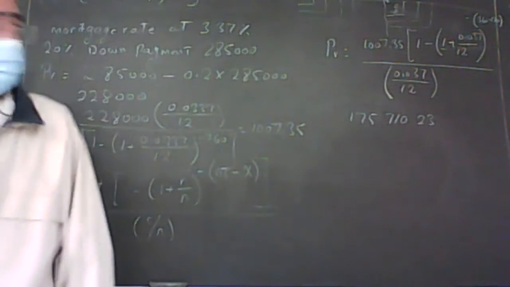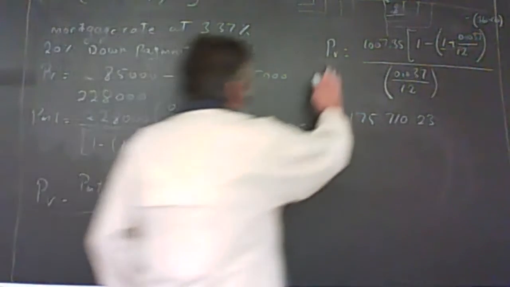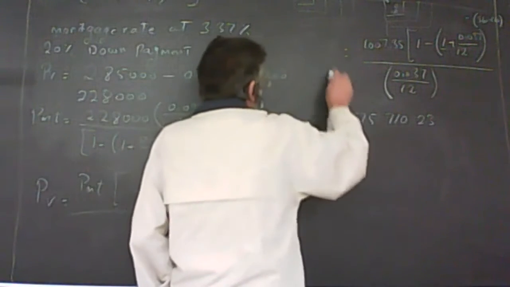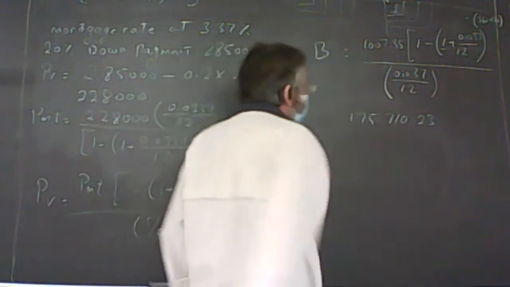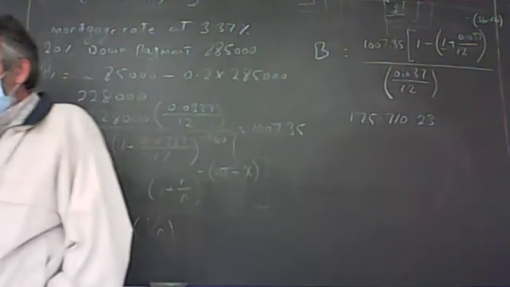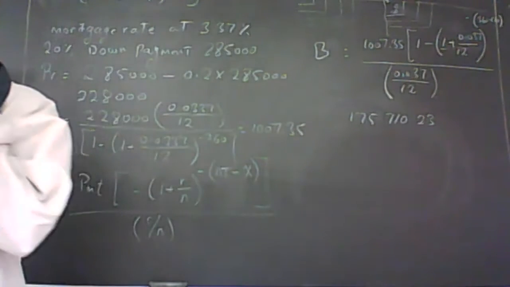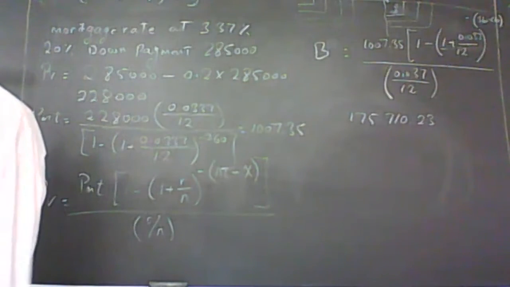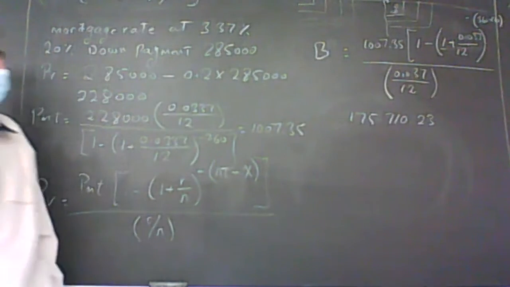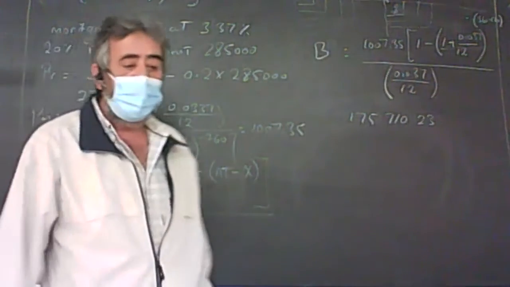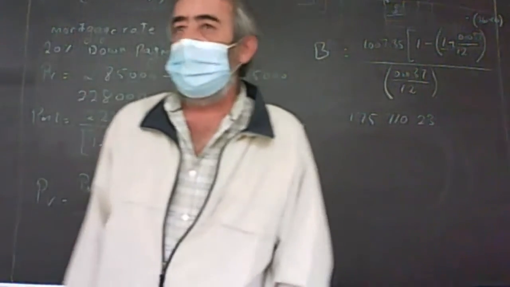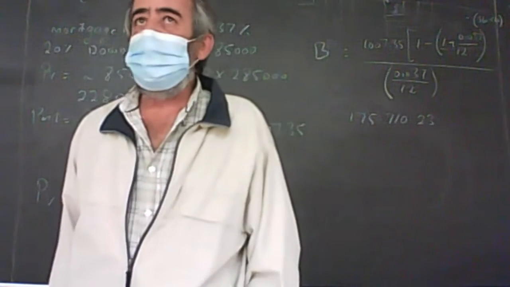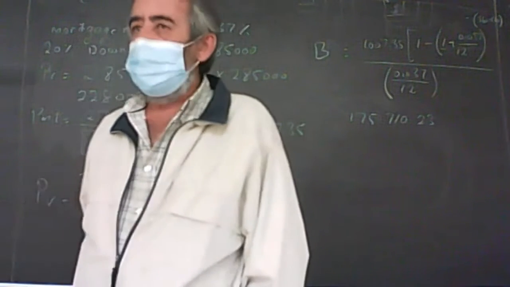Let's call this B for balance. This is the leftover, or how much you still owe on a particular loan after making a certain number of payments.